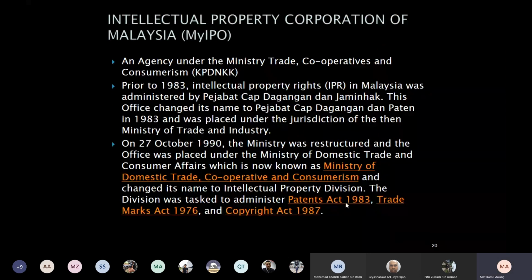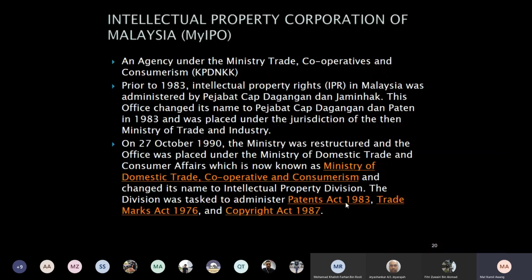The entity responsible for registering and keeping the register of intellectual property in Malaysia is MyIPO, the Intellectual Property Corporation of Malaysia. It is an agency under the Ministry of Trade, Cooperative and Consumerism.